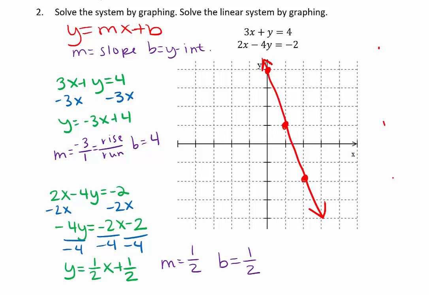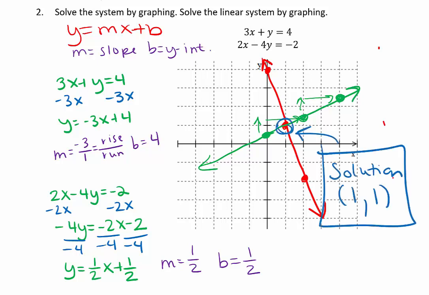This time, both the slope and the y-intercept are 1/2. I'll start by estimating where y equals 1/2 is for that y-intercept. Then I go up 1 over 2, rise over run, to get a couple points on that line. Finally, I connect the dots, and in green is my second line.